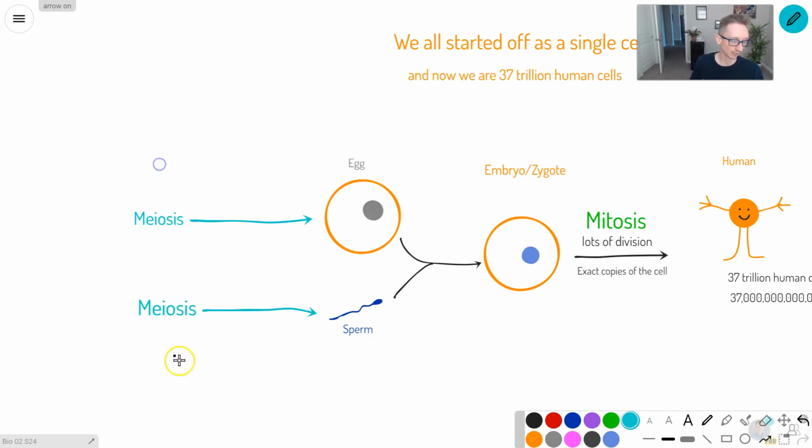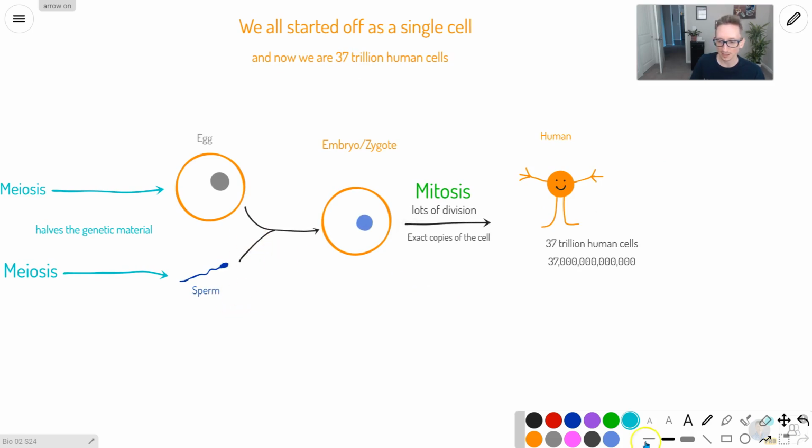And this halves the genetic material. Right, cuts it in half so that when it comes together, boom, now it's whole. So these again are haploid, and this is diploid.